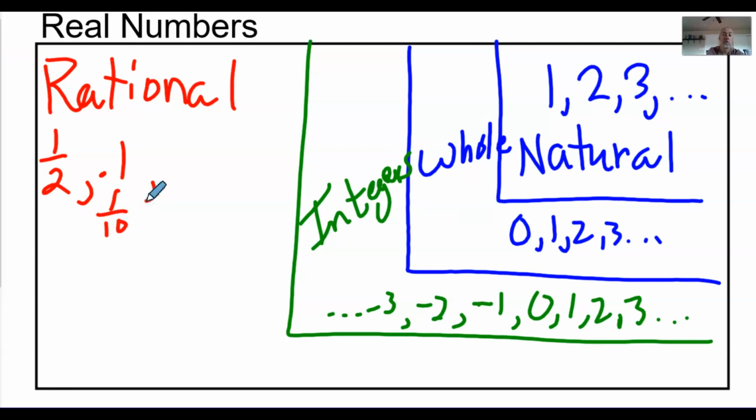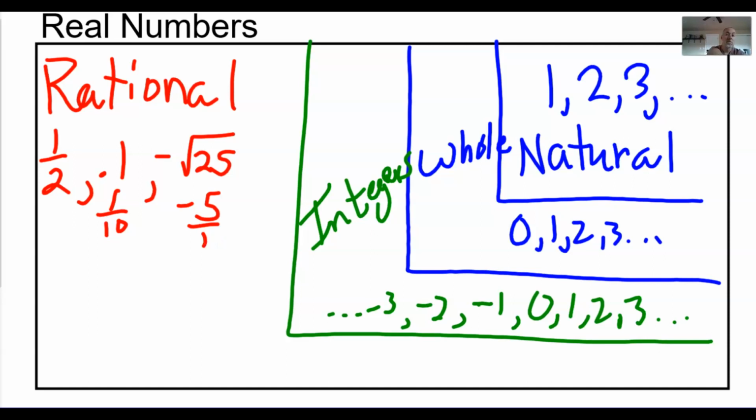Here's another one. Negative square root of 25. Now it looks like it might be irrational, but the square root of 25 is 5. That's negative 5. That's a rational number because it can be written as a fraction. Rational numbers include all the integers, which include all the whole numbers, which include all the natural numbers.